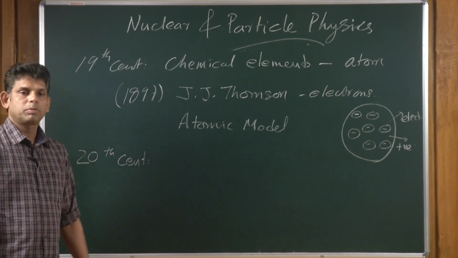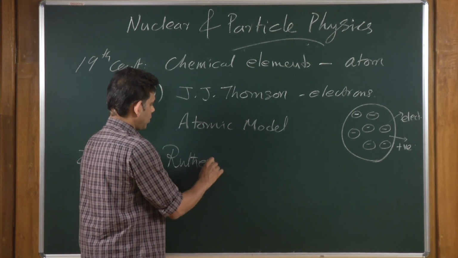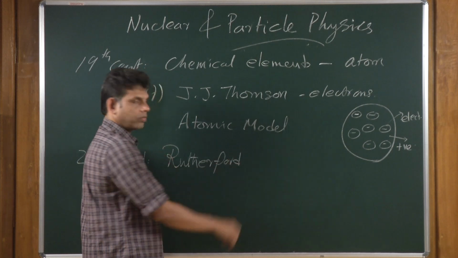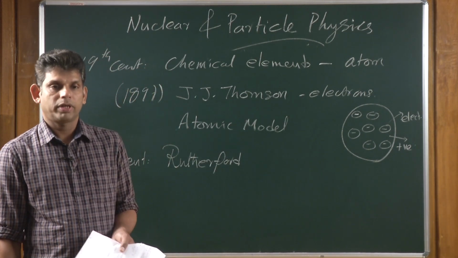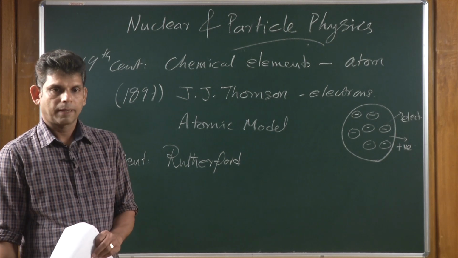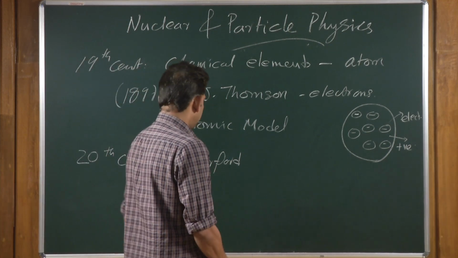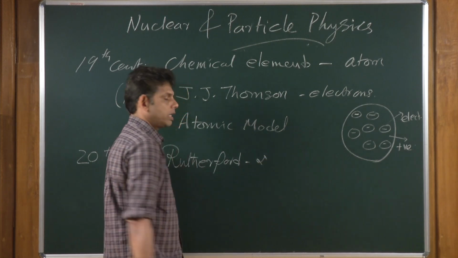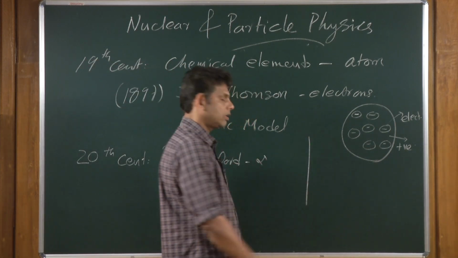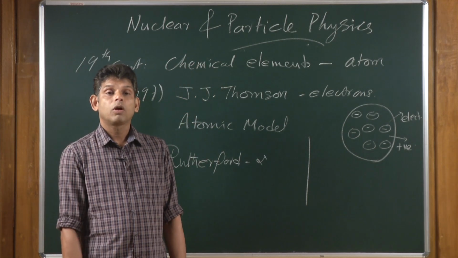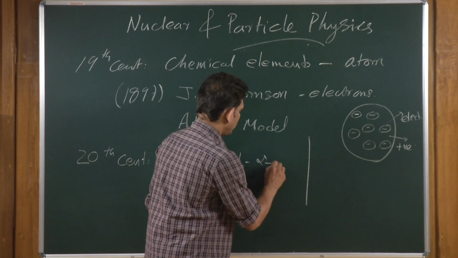Then in the early years of the 20th century, a series of experiments by Rutherford and collaborators had something slightly different to say. So, what did they do? They had alpha particles. In Rutherford's experiment, they took a thin gold foil and sent this alpha particle onto it.